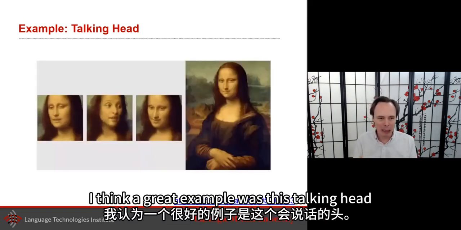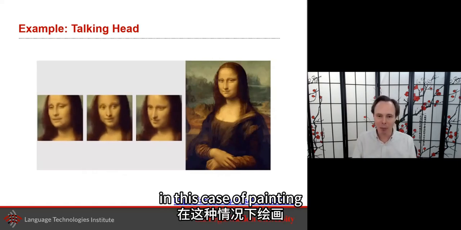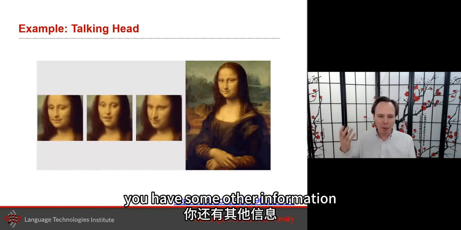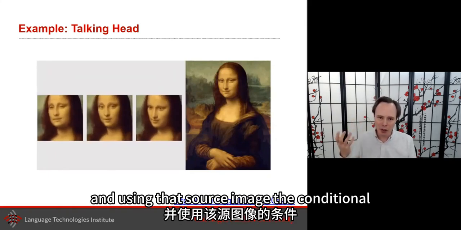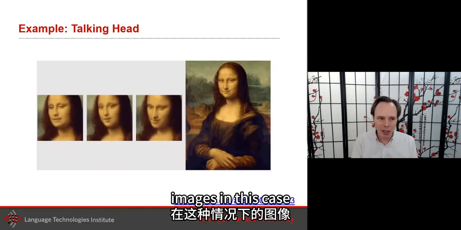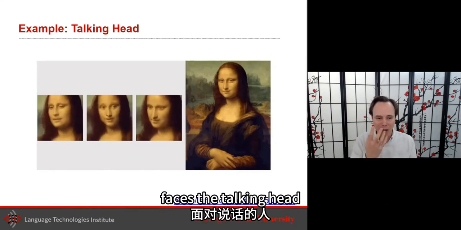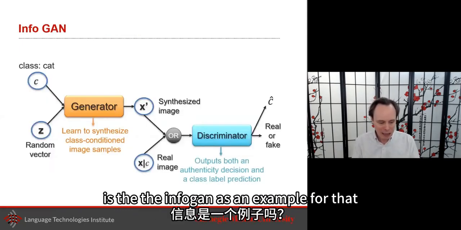I think a great example was this talking head where you have a source face, in this case a painting, and on top of that condition, you have some other information, maybe the facial landmarks, and using that source image, the conditional, and then the random vector, you can generate images, in this case generating the faces, the talking head. And one type of architecture for that is the InfoGAN as an example.